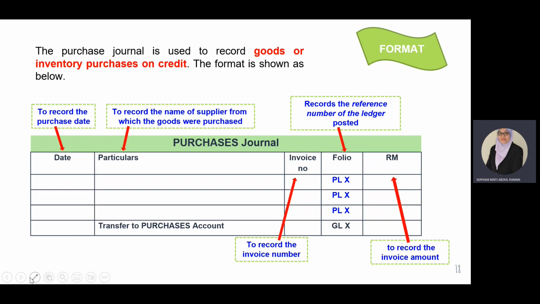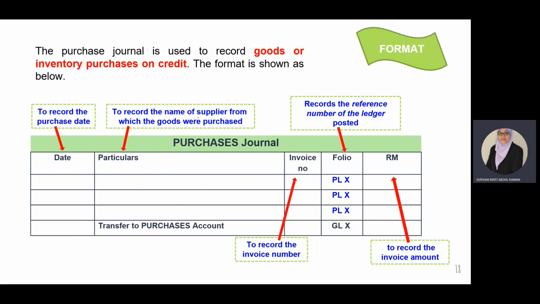Basically, let us look in detail at how to prepare the purchase journal. You will start to record the transaction in chronological order. So you start with the earliest transaction. For example, you will go through the transaction and find the date of the occurrence.